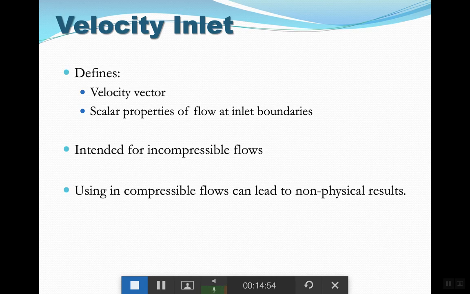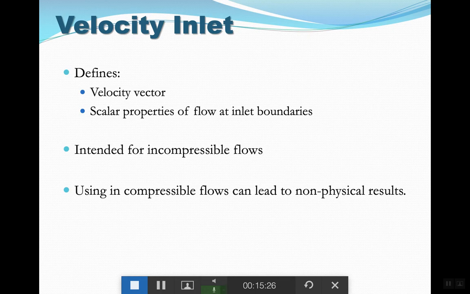Now mass, m dot, is equal to your density multiplied by your cross-section A multiplied by your velocity. So m dot is rho AV. Okay. Now, if my density is constant, which means if it is incompressible, and of course my cross-section area of the inlet is constant as well, so might as well I define velocity at the inlet instead of mass flow.